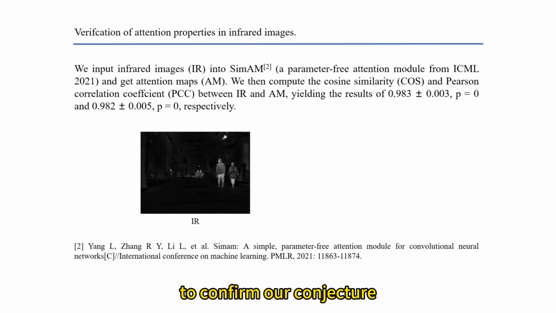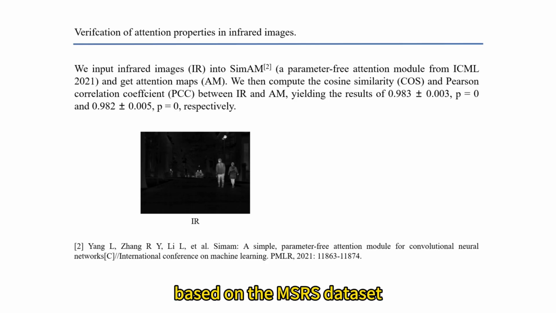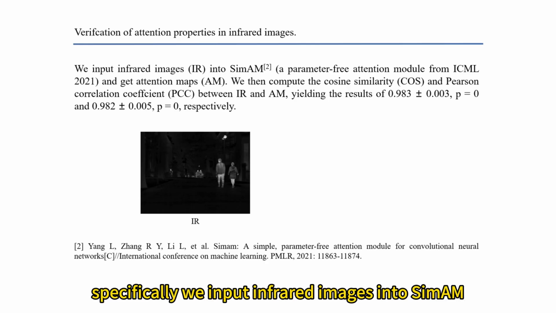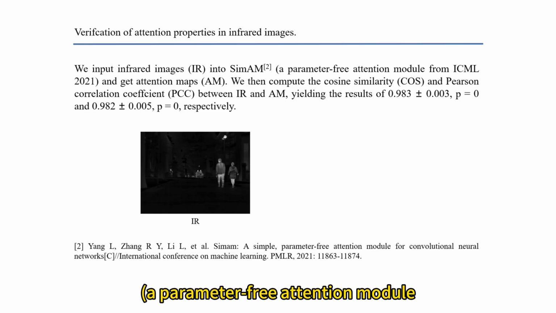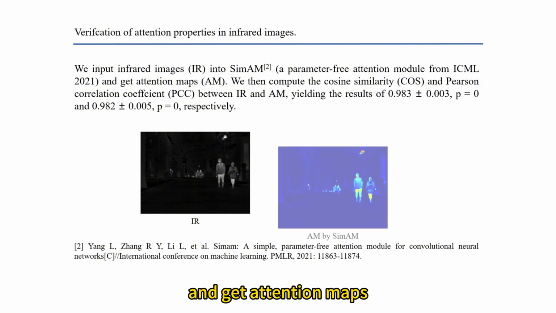To confirm our conjecture, we conducted a statistical verification based on the MSRS dataset. Specifically, we input infrared images into SimAM, a parameter-free attention module published at ICML 2021, and get attention maps.